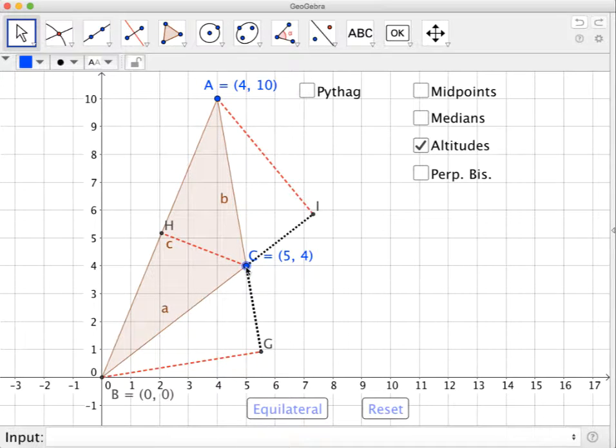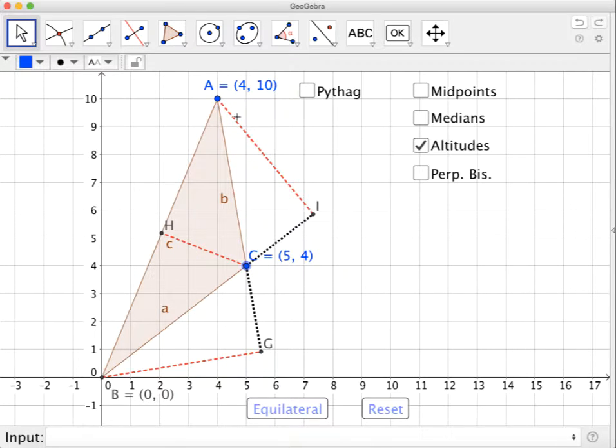The only one that's still inside is the one that goes from the obtuse angle, the angle greater than 90 degrees, to the opposite side. The other two altitudes don't meet the opposite side inside the triangle, so you have to extend the opposite side. For point A, the opposite side of the triangle is this side labeled lowercase a here that goes from B to C.